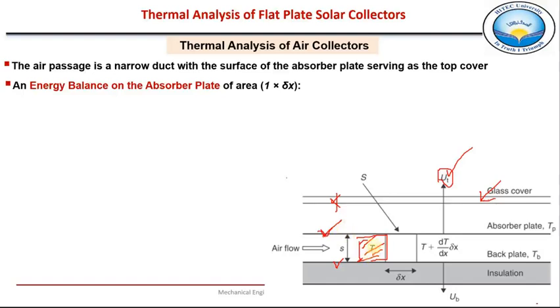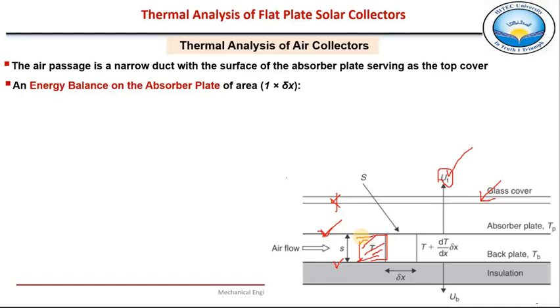One, the absorber plate; second, the fluid which is flowing between these two plates; and the third one for the back plate. And then these three energy balances will be solved simultaneously to calculate the heat gain of this air type solar collector.